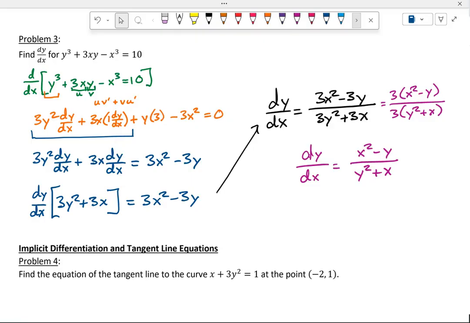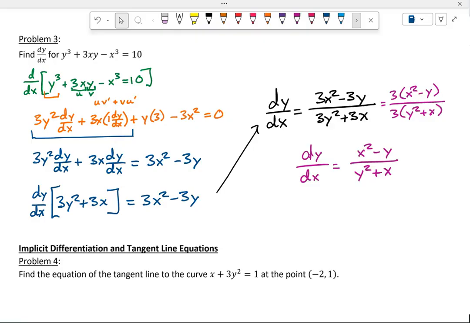The point, the whole point, right? Because if I was just told, hey, derivative at x equals 2, they're like, okay, x equals 2, but what do I put for my y? So you need both, x and y. And if they tell you just x, then you have to go back to the original equation and solve for your y. Figure out what it is. Then you plug in both. Okay? So let's move on to problem number 4.